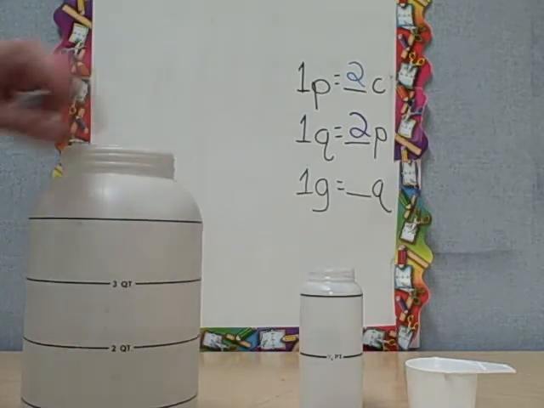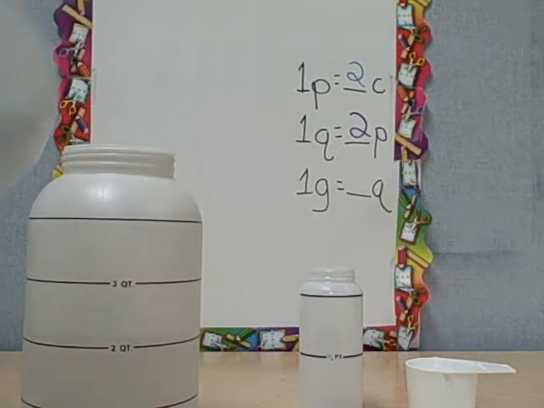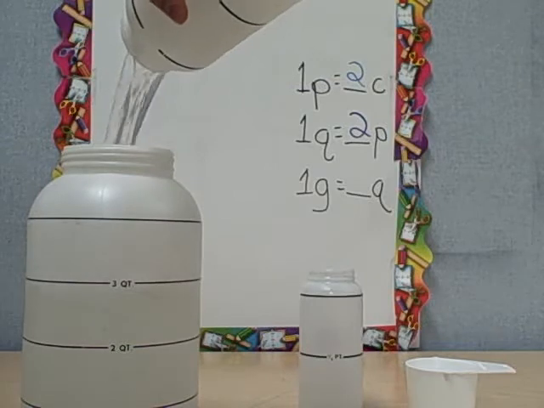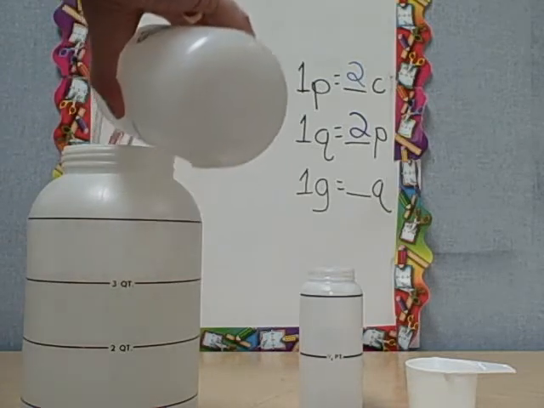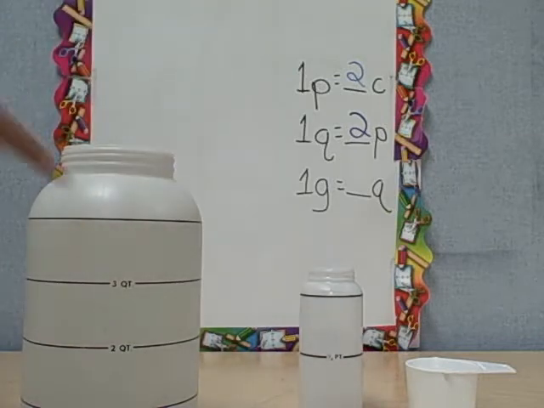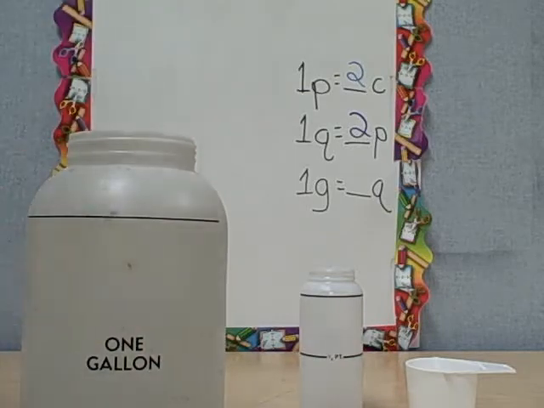So far, it might be hard to see, but it shows you the line that it's at. 3 quarts. And my final quart. 4 quarts equals 1 gallon.